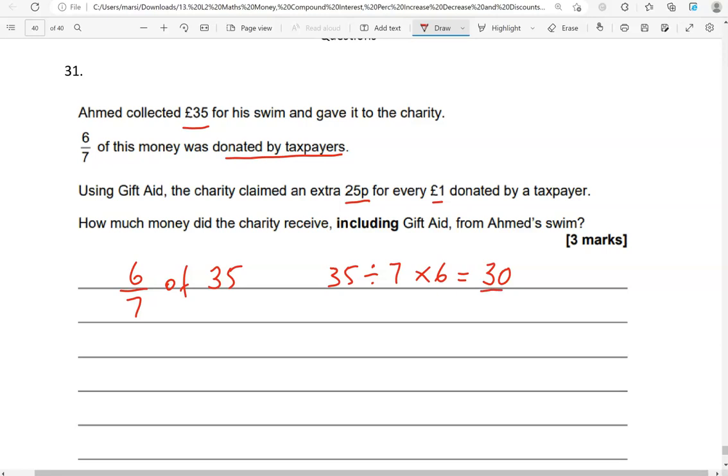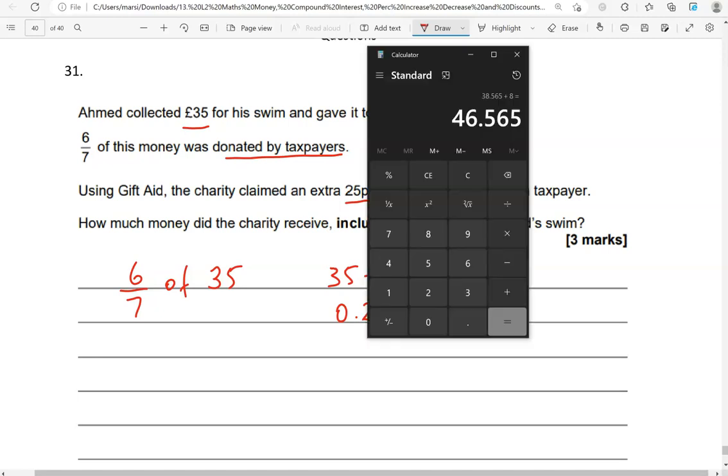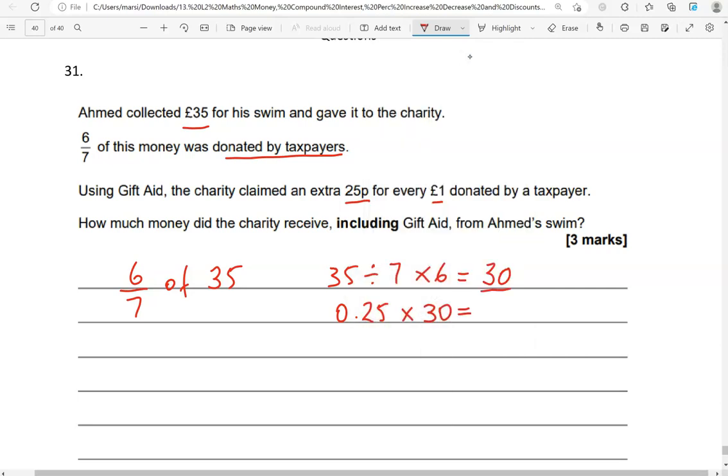So that is £30 donated. So we're going to do 0.25, which is 25p using pound notation. Multiply that by 30. So 0.25 times 30 gives us 7.5. So that is £7.50.